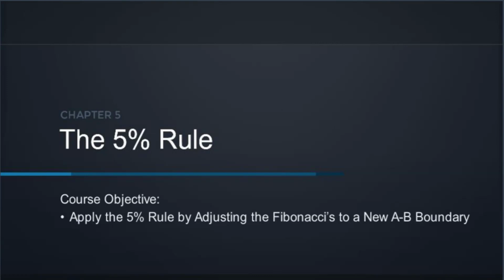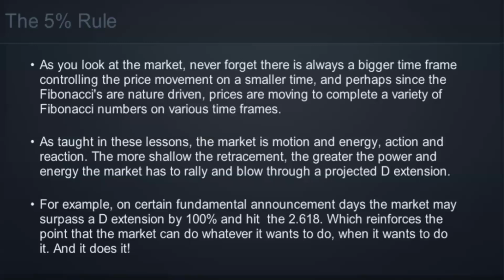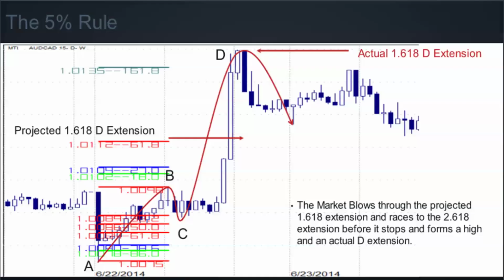Now that's not 100% foolproof because the market can decide to go back 10% below the Fibonacci level. Or sometimes it goes back 10% below the Fibonacci level, and then the market does what it's going to do and comes back up again and goes all the way to the projected D. So the 5% rule is just to ensure that you don't leave any pip on the table, so that the market does not come close to your take profit and then it goes.